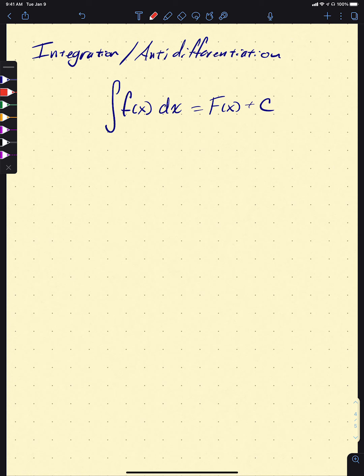If you're thinking in terms of derivative language, this integral sign corresponds to my d, sort of, and this dx and this dx go together, right? So you would read this: the indefinite integral of f of x with respect to x equals F of x plus c. Okay.